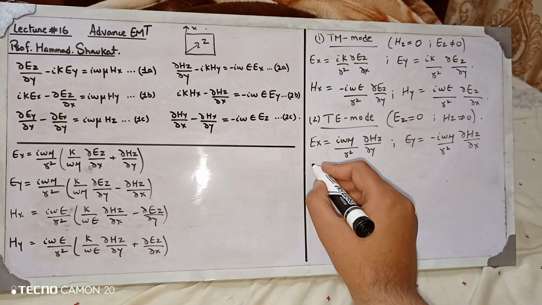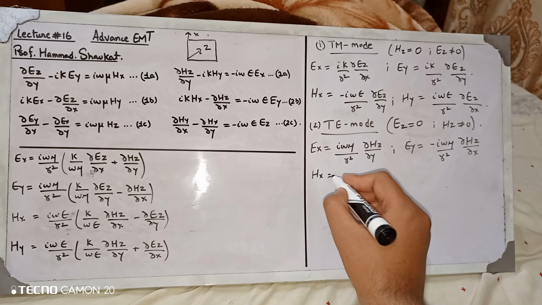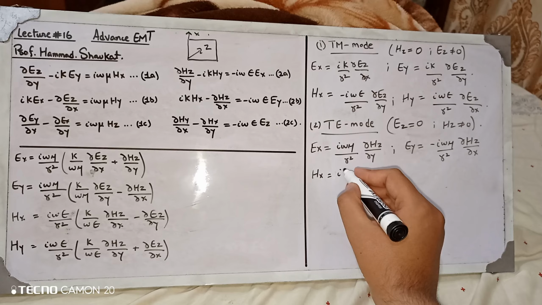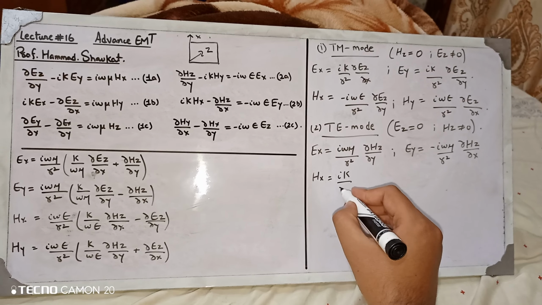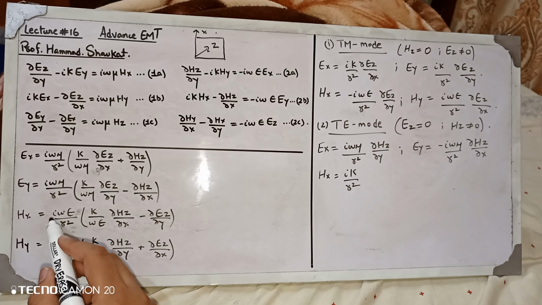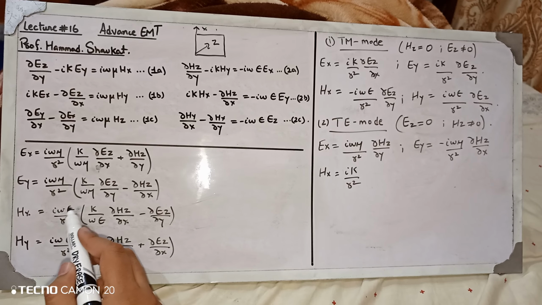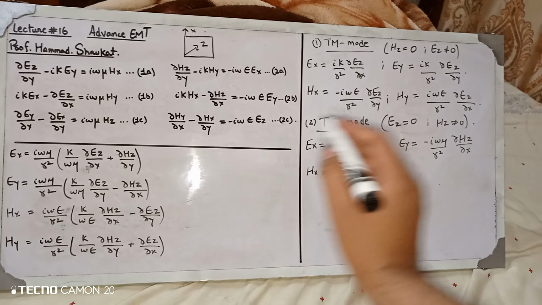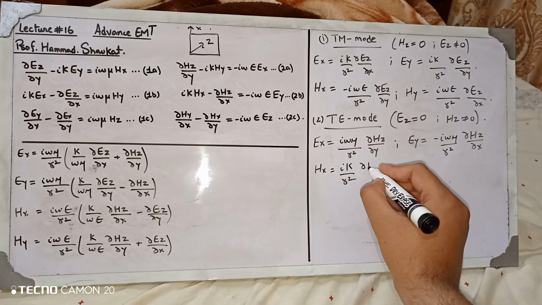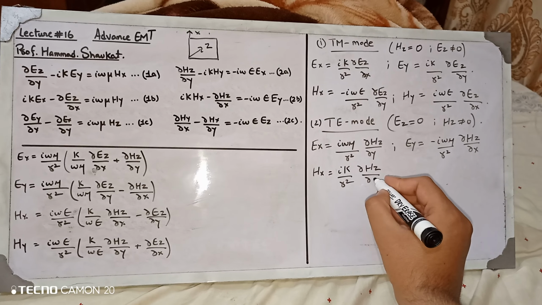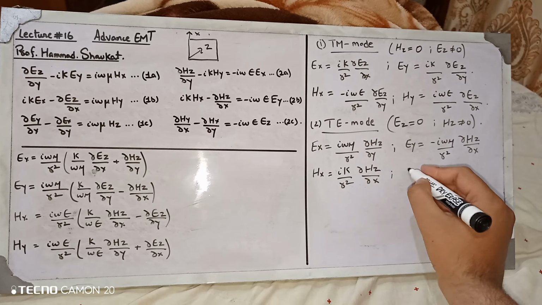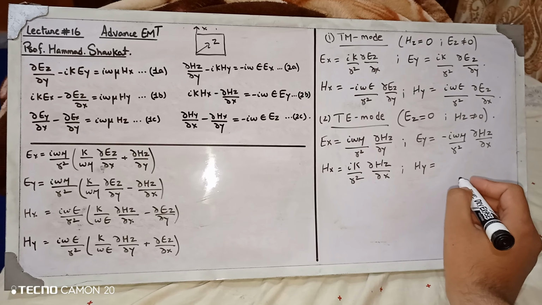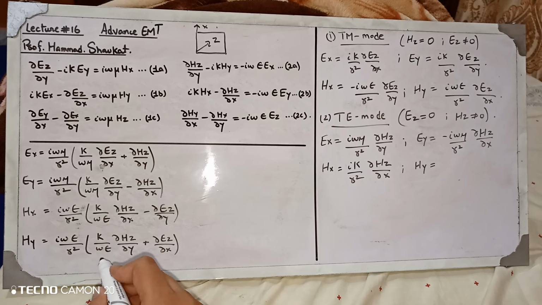Now write for H of x in TE mode, this becomes equal to iota k divided by r square, because this omega epsilon cancels with this omega epsilon, you will only be left with iota k divided by r square and partial Hz by partial x as it is. And similarly write H of y component for TE mode, and this becomes 0.